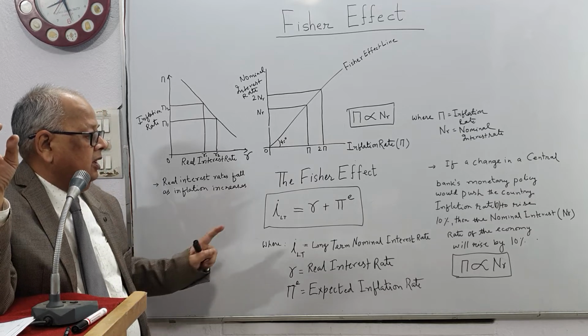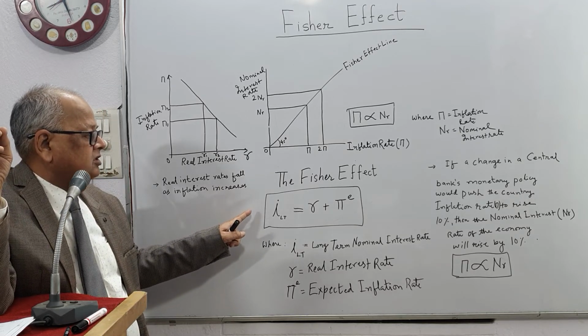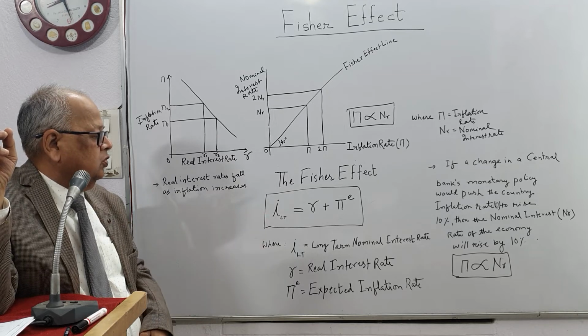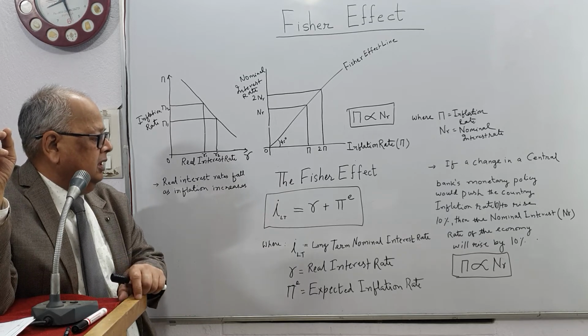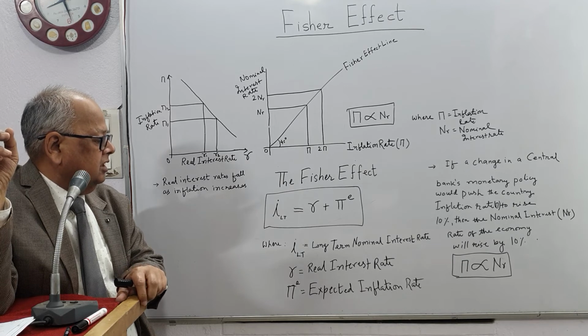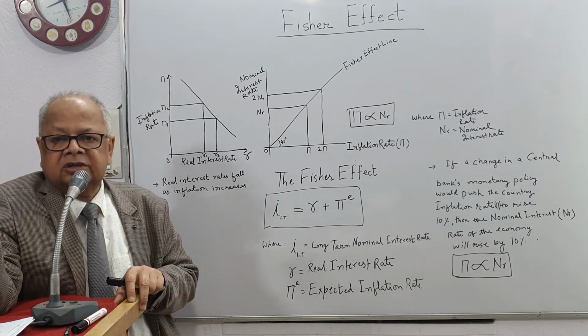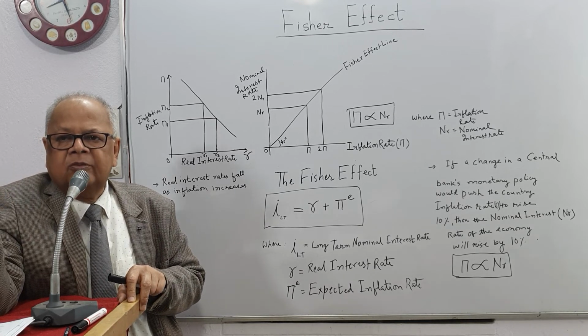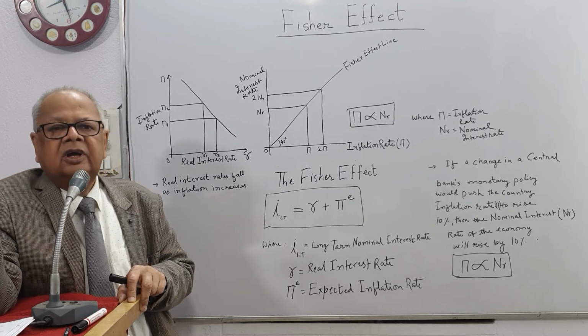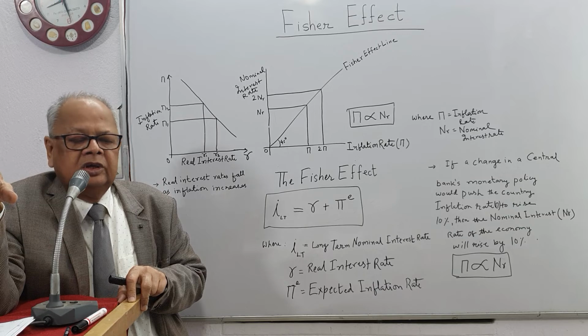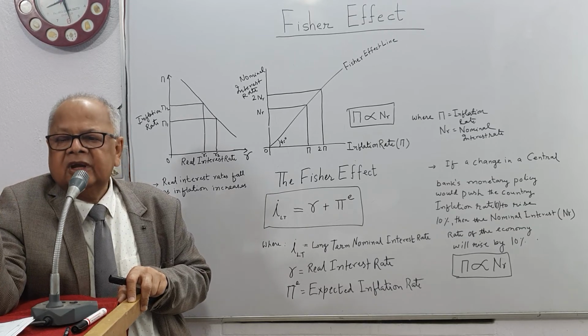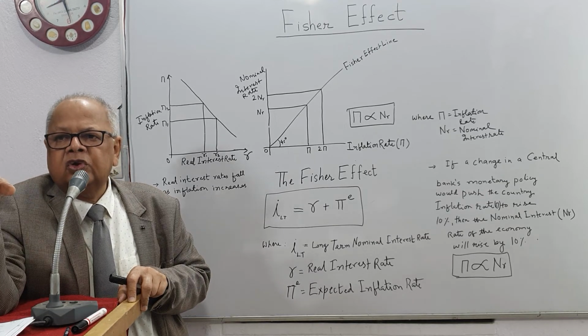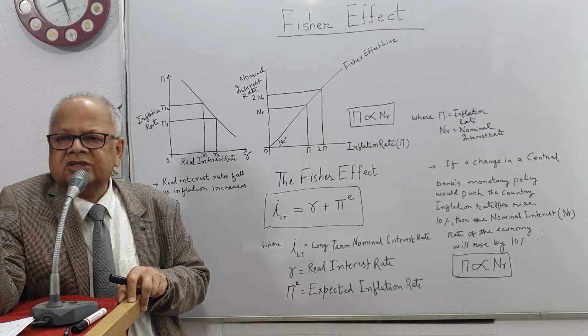And finally, we have the Fisher effect equation, i_LT = r + pi^e. That means long-term nominal interest rate is one of the important monetary instruments to stabilize the economy from the shocks of recession, deflation, and inflationary gap. All these times, monetarist economists always believe in utilizing these monetary tools to get stabilization both in the short run and long run. That's all. Thank you.